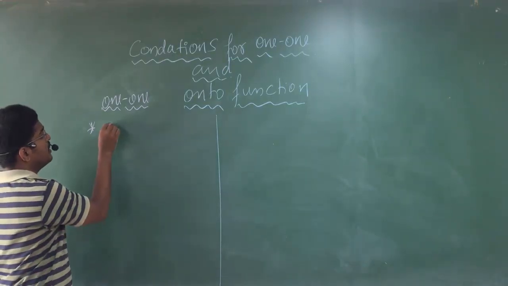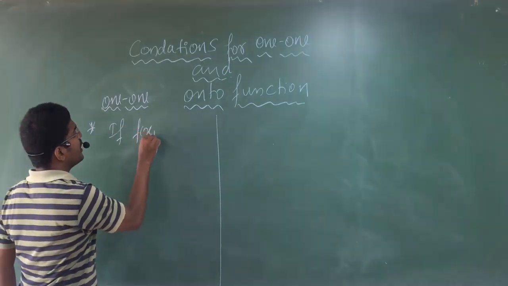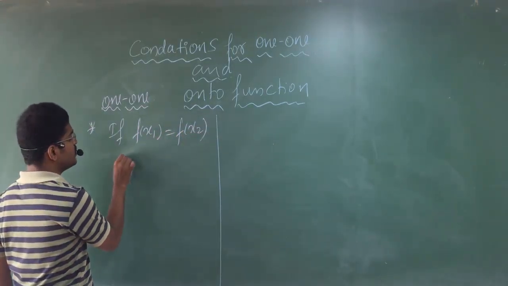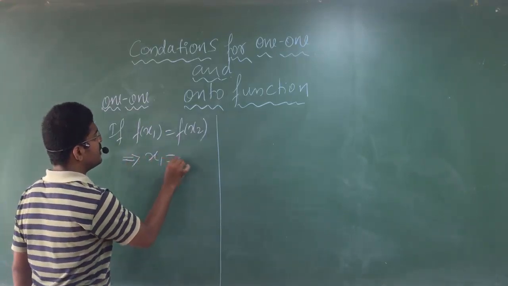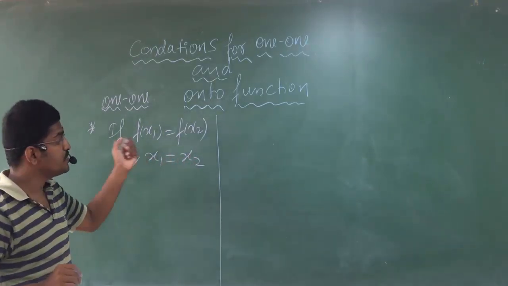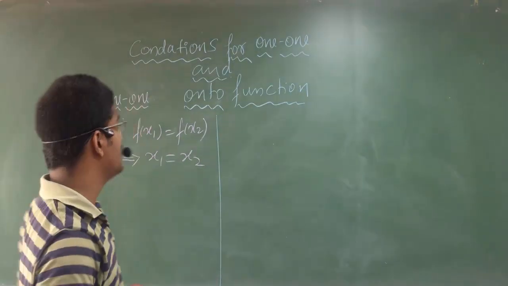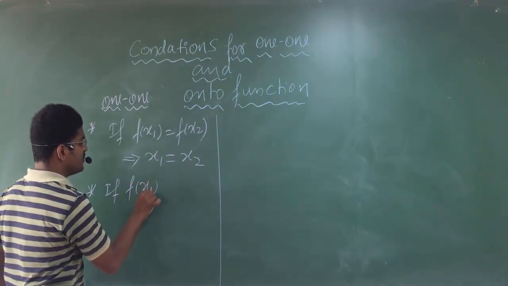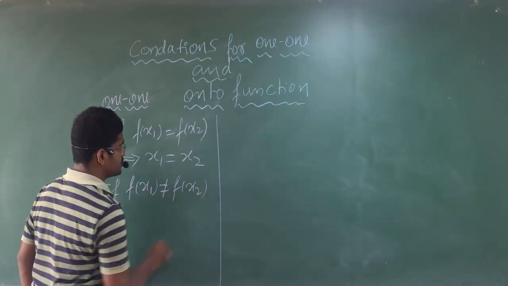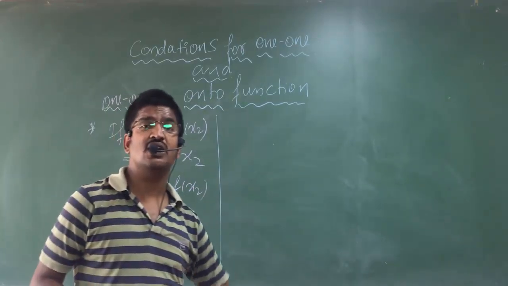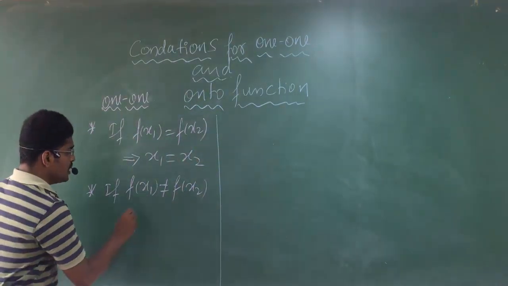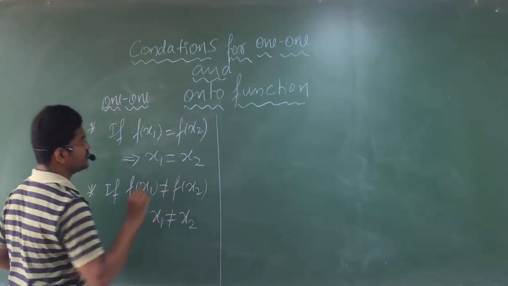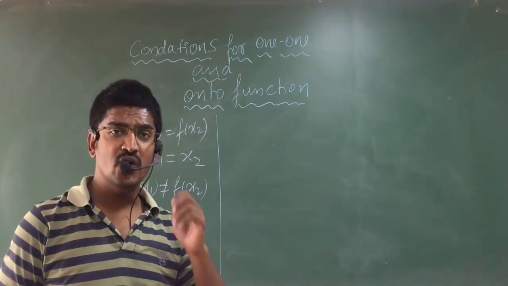If f of x1 equal to f of x2, it implies x1 equal to x2. This you have to prove to show one-one. Next, second one: if f of x1 is not equal to f of x2, you must imply that x1 is not equal to x2.